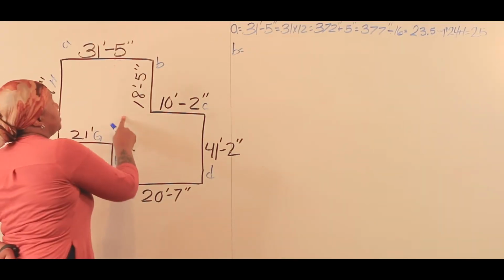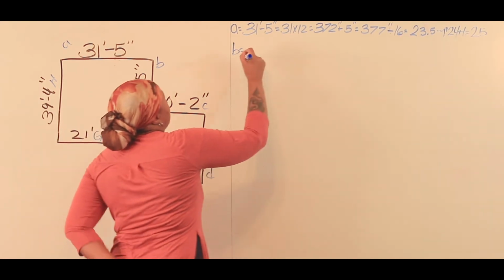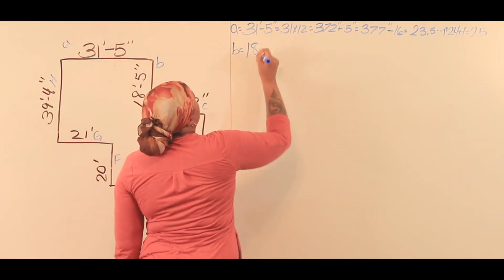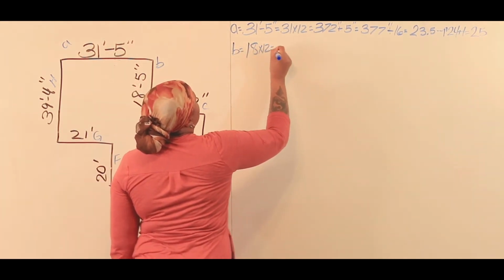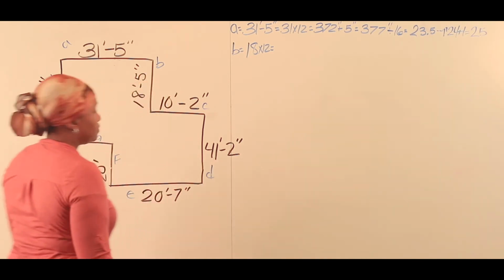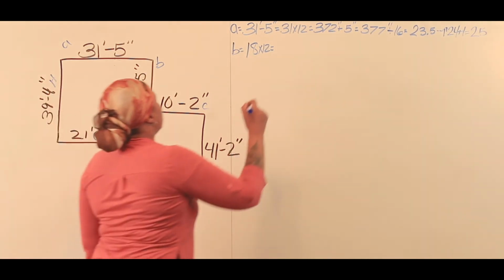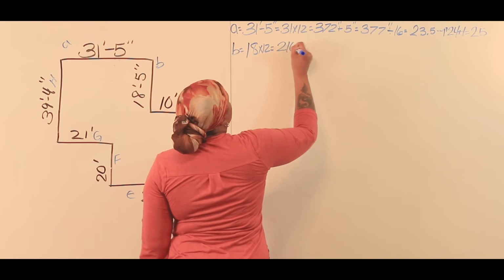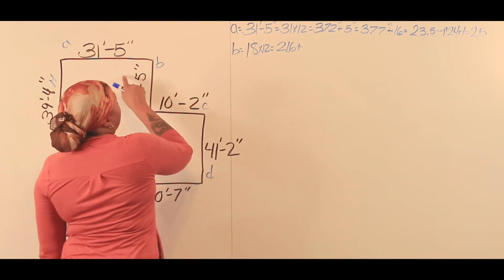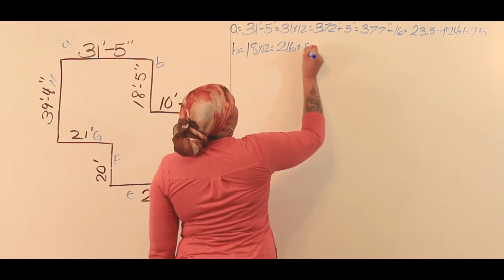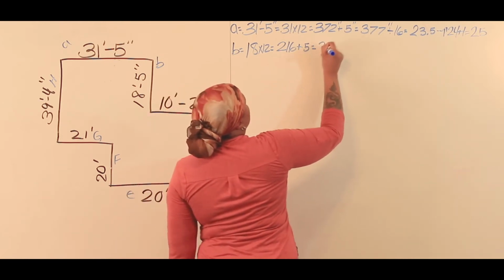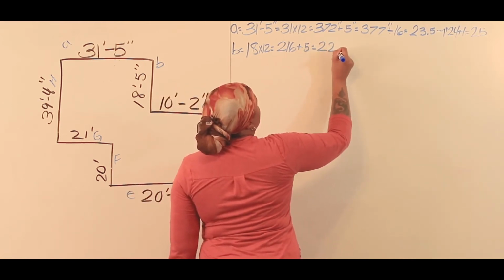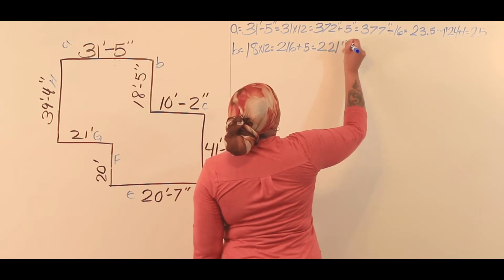All right, so B is 18 feet 5 inches. So 18 times 12 is 216. We have to add the 5 inches we already had, which gives us 221 inches.